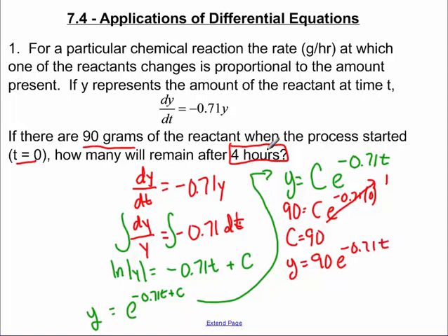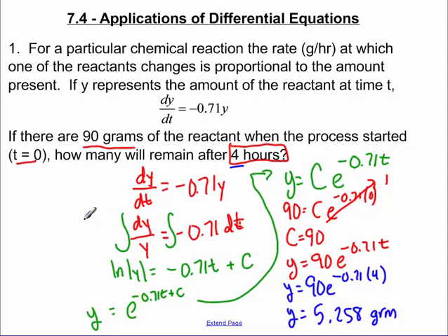And then now all you have to do is plug in this 4 for t. And in my calculator, we get 5.258 grams. And remember that you need to be correct to 3 decimal places.